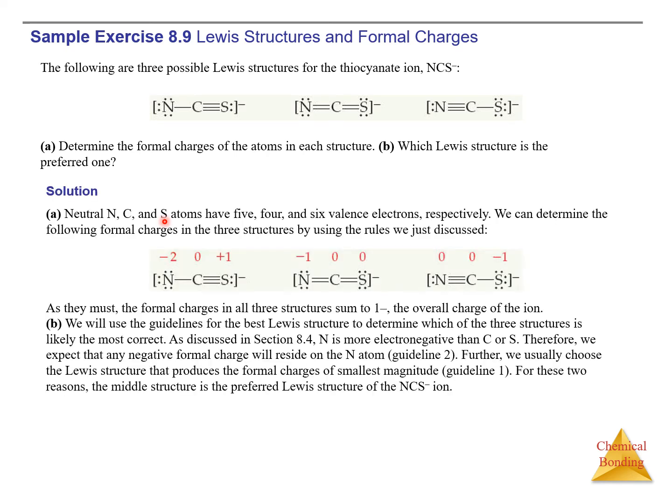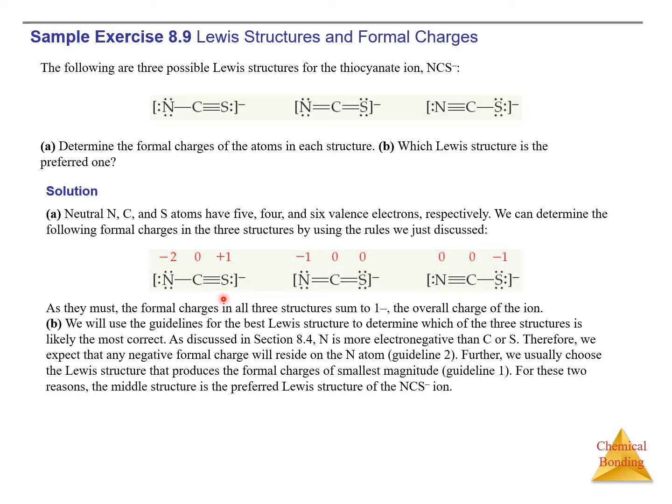So let's determine the formal charge. Nitrogen has 5 valence electrons, group 5, and the number of electrons assigned to this nitrogen by this Lewis structure is 2 plus 2 plus 2, 6, and then half the bonding, 7. 5 minus 7, minus 2. For carbon, 4 minus 4, 0.